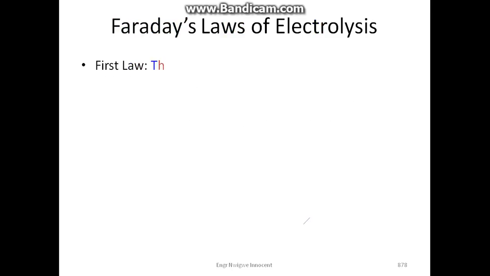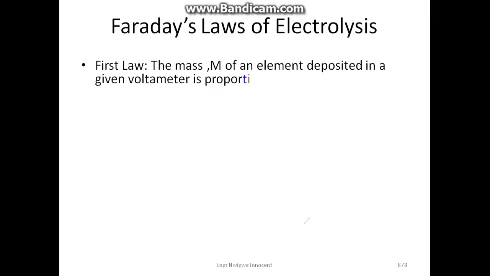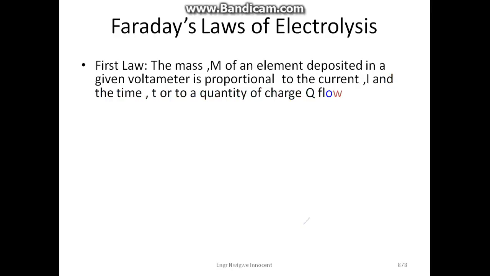Faraday's law of electrolysis. First law. The mass m of an element deposited in a given voltameter is proportional to the current I and the time t, or the quantity of charge Q flowing.